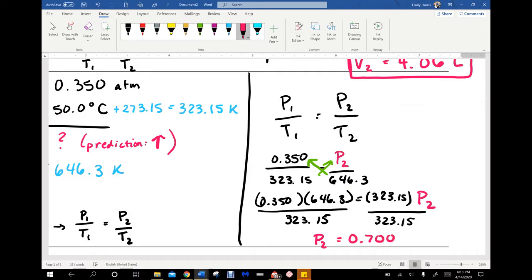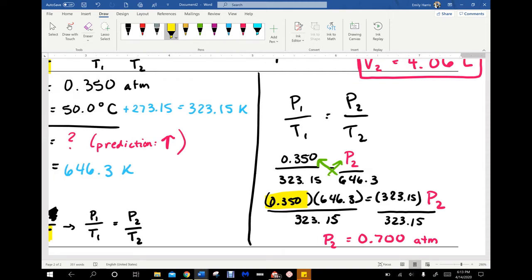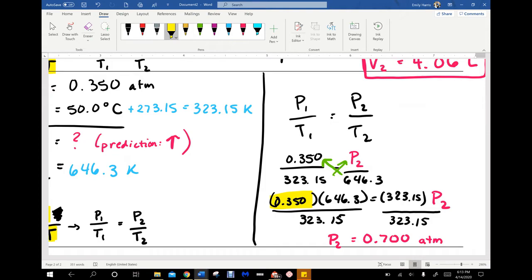And we'll add 2 zeros to make it 3 sig figs, just like the other pressure, to get 0.700 atmospheres. And so we check our prediction and ask ourselves, did that second pressure actually go up as we predicted? It did, so it looks like we're good to go with this as our final answer.